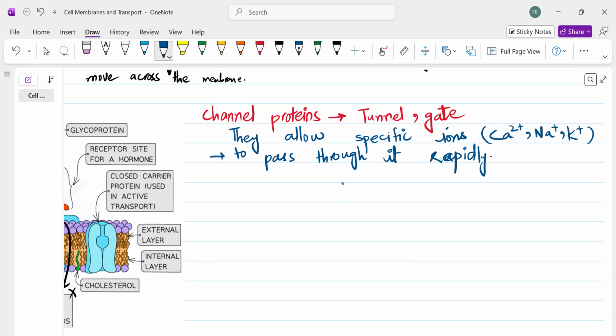And they will respond to a chemical stimulus. We will discuss in the sodium gates, potassium gates and calcium gates how they actually work.